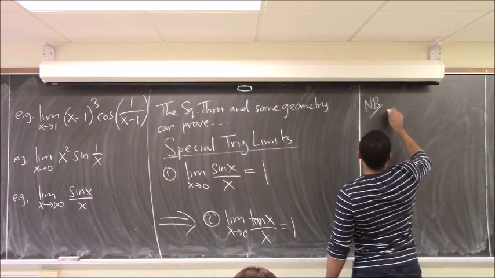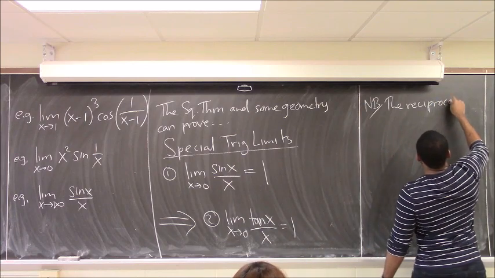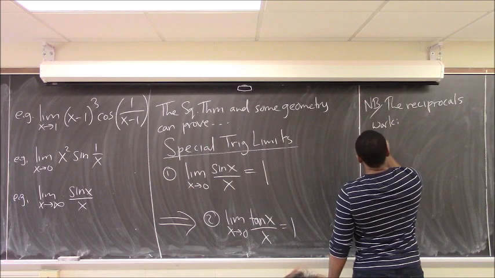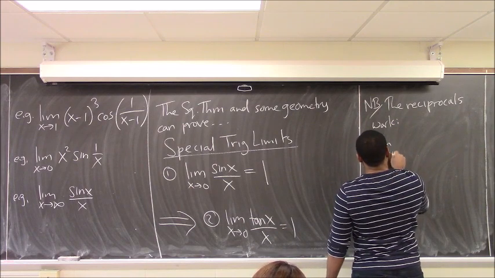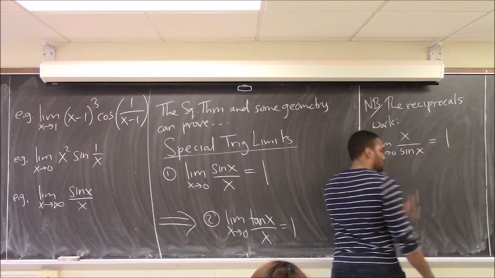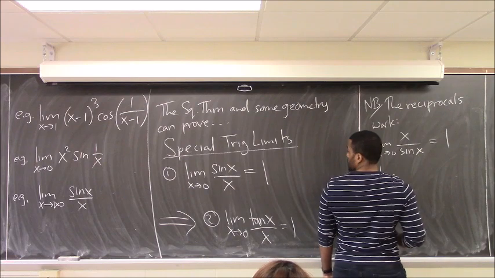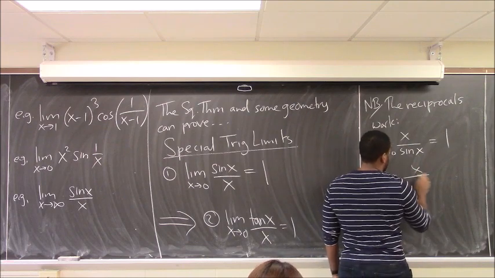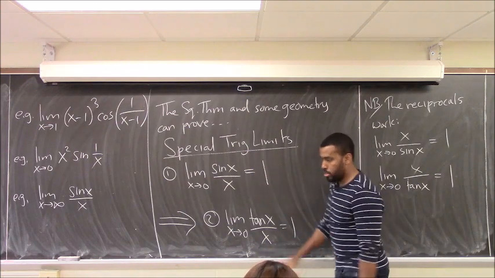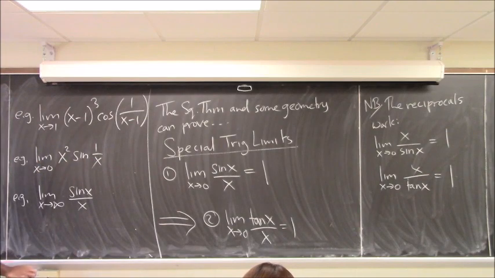I want you to note here, the reciprocals work because it's 1. So you can think about something like x divided by sine. It'll still make sense, it'll still be 1. Just that whenever these two functions appear together, they grow very similarly when they're near 0.